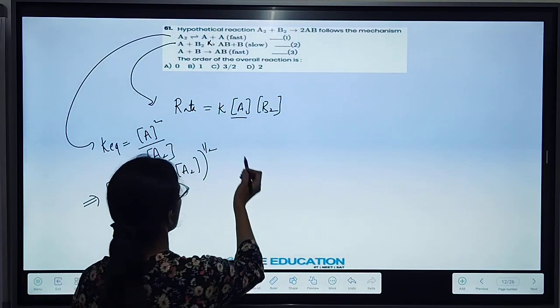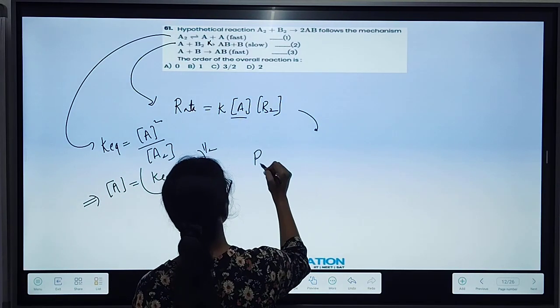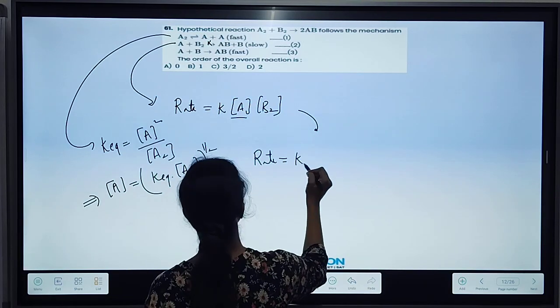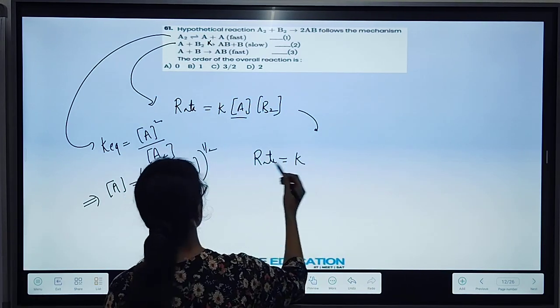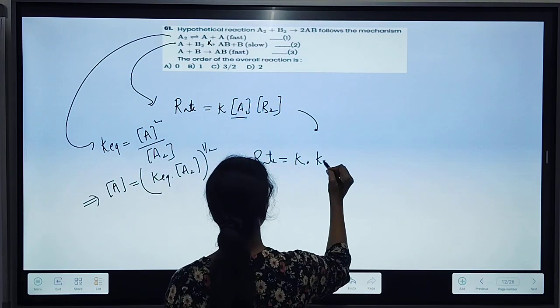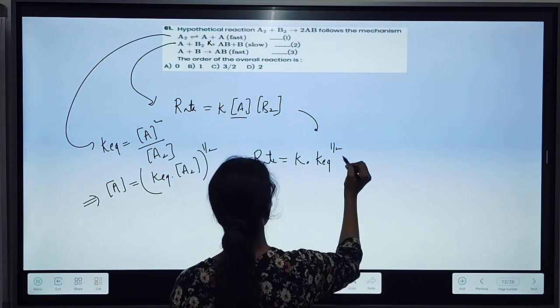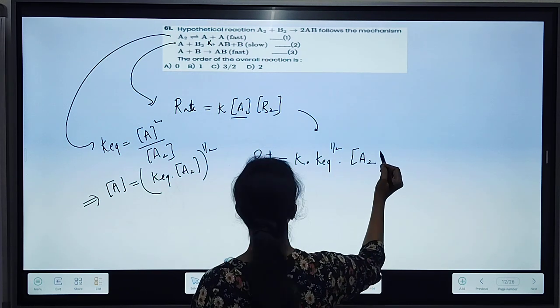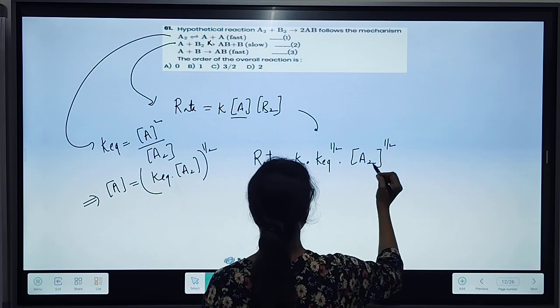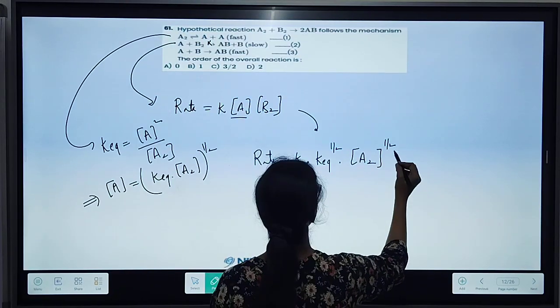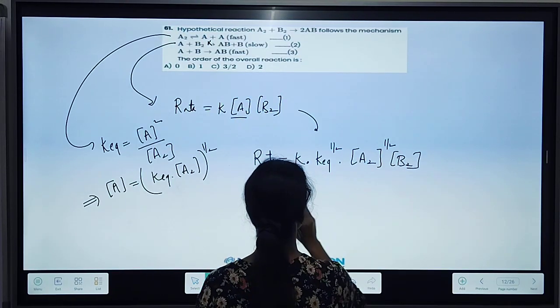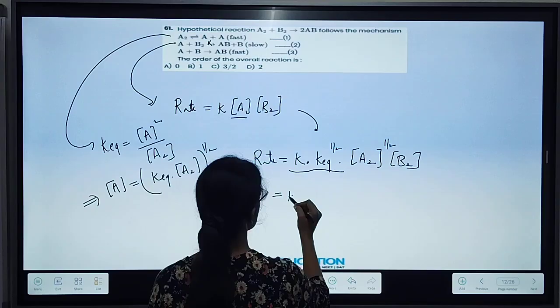Same thing I just need to substitute in this, so what I will be getting is rate will be equal to k into A concentration, so it will be K equilibrium raised to power 1 by 2 and A2 concentration raised to power half, and along with that we are having B2.